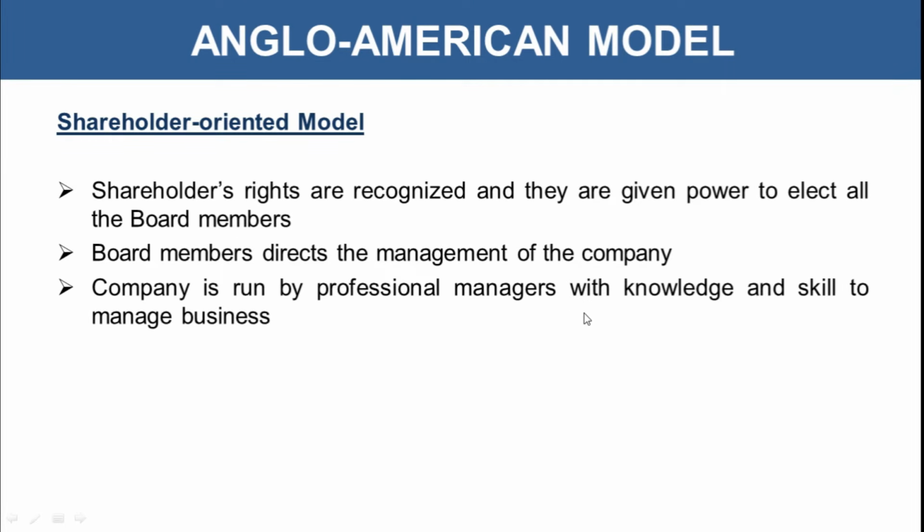Company is run by professional managers with knowledge and skill to manage business. So in the Anglo-American model, we talked about shareholders' rights, then board members, who direct the management of the company. Since the board members direct the management, these managers are professional ones, having the knowledge and skill to manage the business.